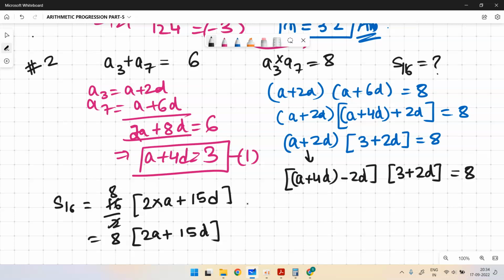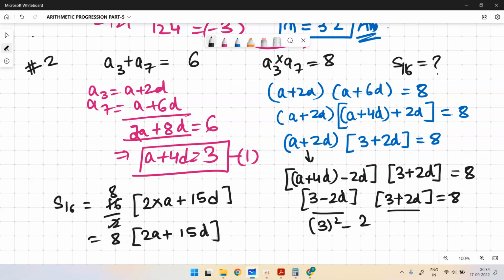It is one and the same thing. This is 3 minus 2d and this is 3 plus 2d. This is of the form a plus b and a minus b, so this is a square minus b square.